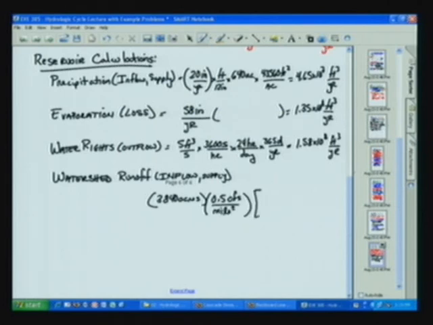And so we're going to have some conversions in here. And that will yield for us 9.46 times 10 to the 7 cubic feet per year.